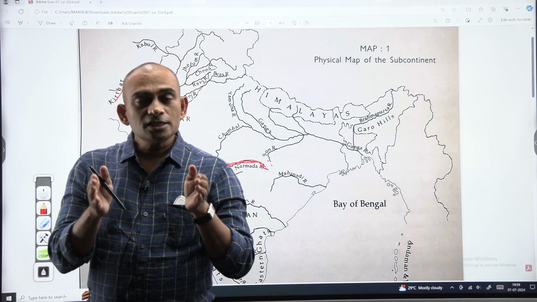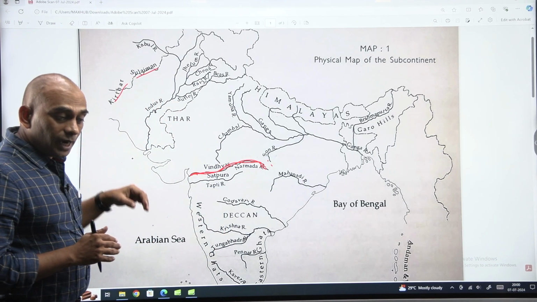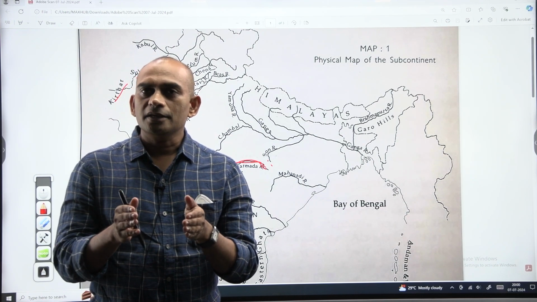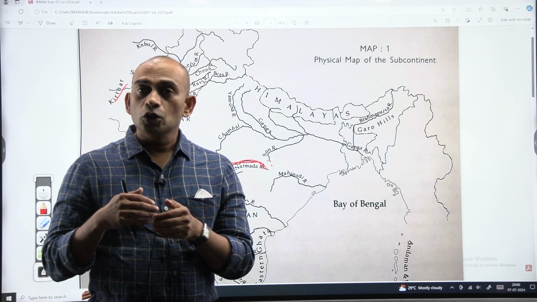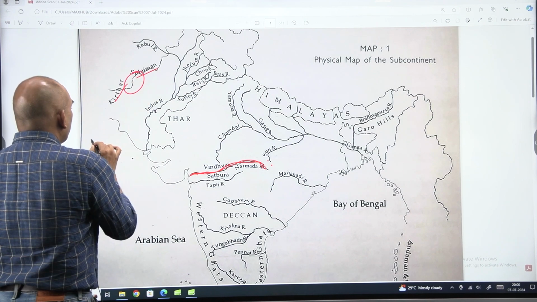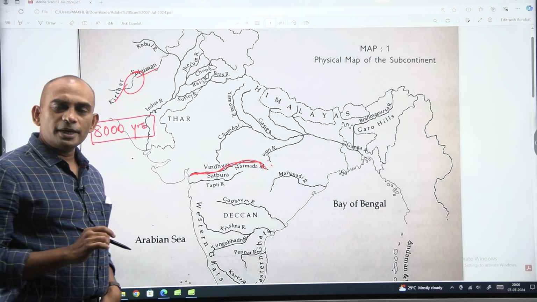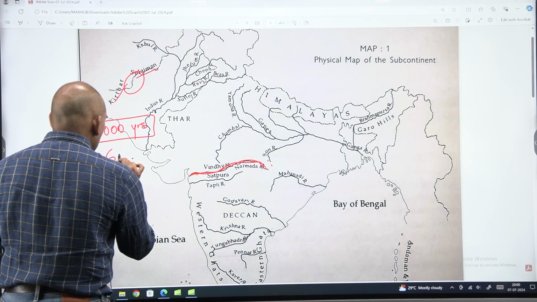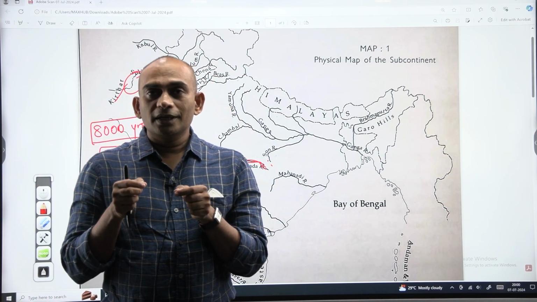That means settled agriculture first started in this region, and people started domesticating animals, that means cattle, sheep, goat, such kinds of animals, they started rearing. And this happened 8,000 years ago. What do we mean by 8,000 years ago? That means it is 6,000 BC. So I wanted to clarify one thing here.